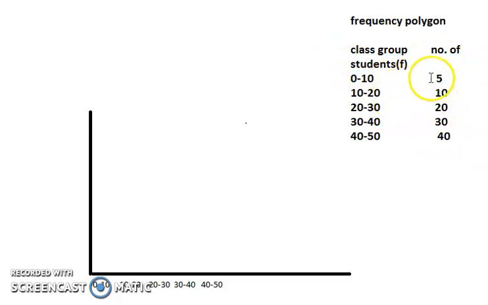These are all the frequencies and this is the class group. Now you need to draw. For drawing, you first have to draw an x-axis as well as a y-axis. You will draw a horizontal line as well as a vertical line.